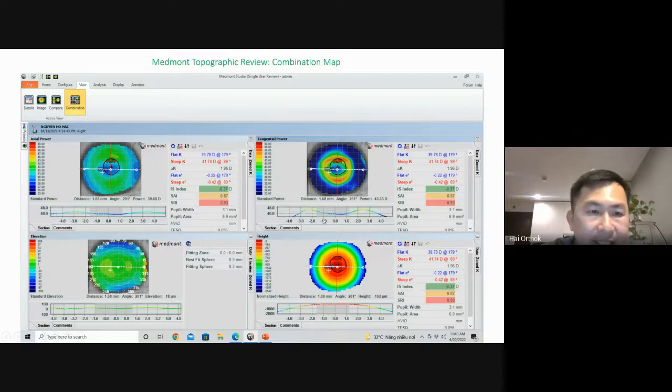So I can see the axial map, I can see the elevation map, and I see the difference between the high and low areas on the cornea. I can see the tangential map, how the lens is centered. I can see height, how it looks different in minus and plus numbers on the cornea, and because of those, I can better customize or troubleshoot the lens for you.